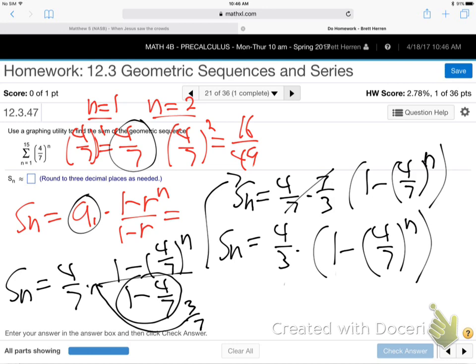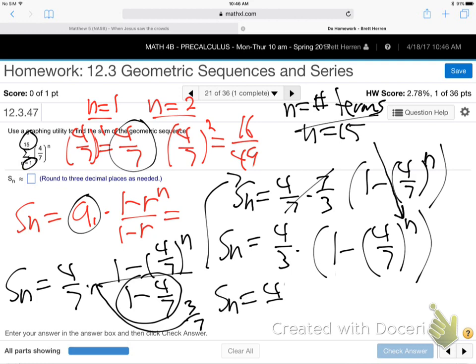What's the n again? N is the number of terms, and clearly 15 terms. If you go from 1 to 15, you've done 15 terms. So n is 15. Plug that in right there. So 4/3, 1 minus 4/7 to the 15.